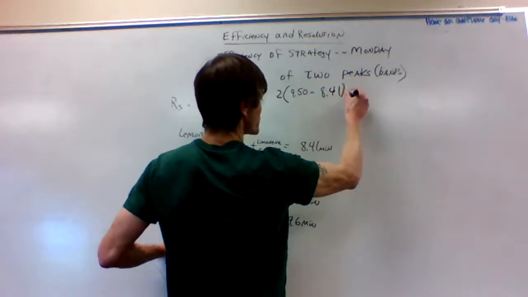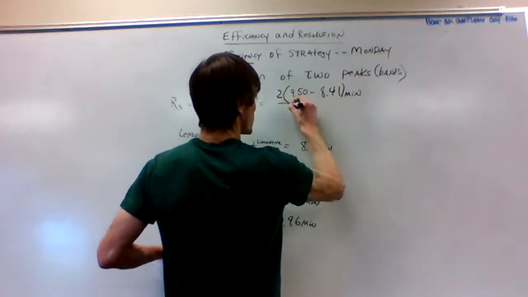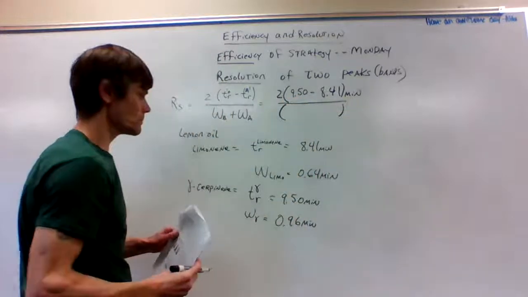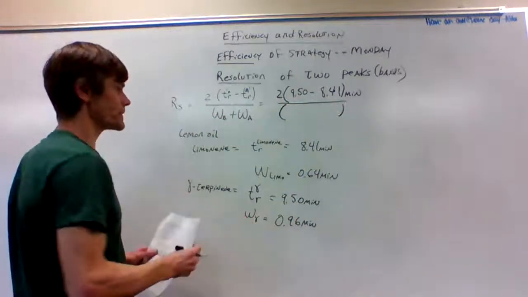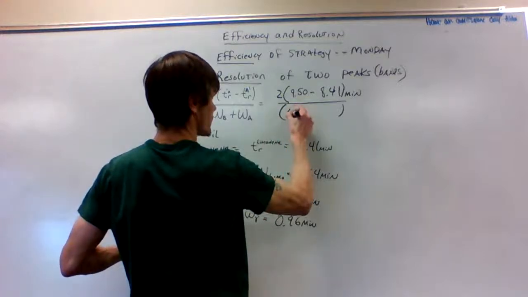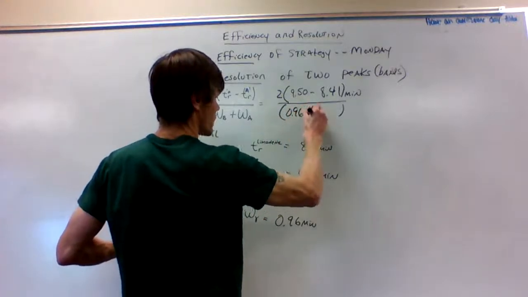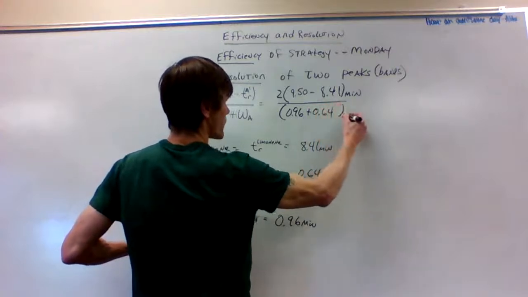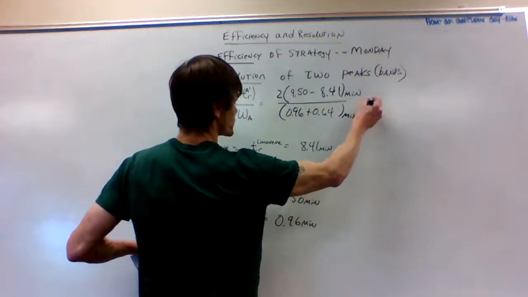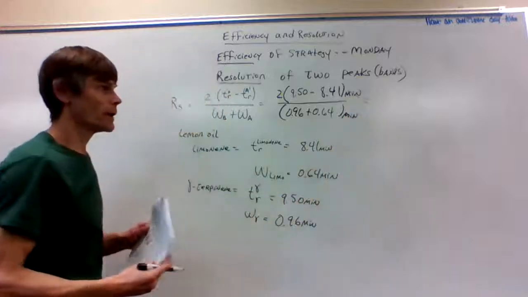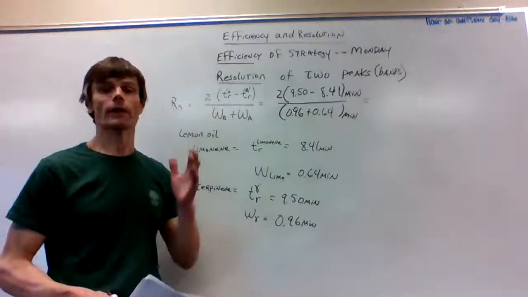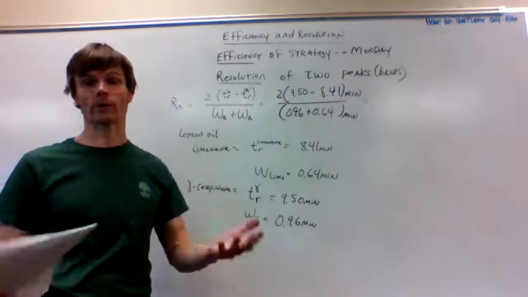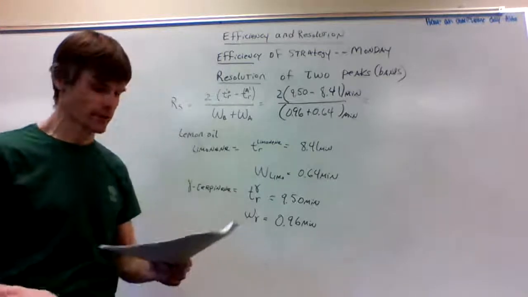And these are both in minutes, divided by our widths. This one is 0.96 plus 0.64. And these are both in minutes. So our units cancel out. And we get a unitless number that we can use to compare our resolution to a described criteria.